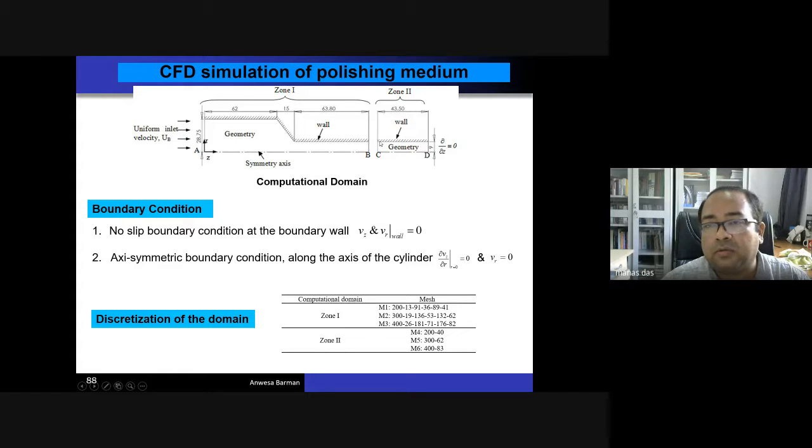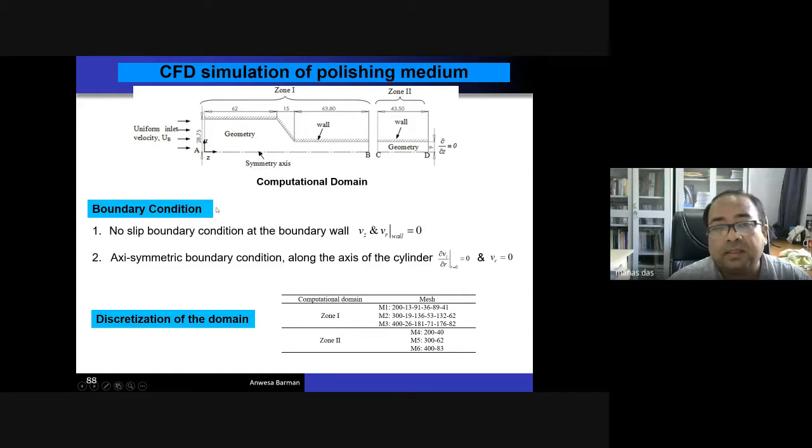So wall no slip, here the axisymmetric boundary condition, and at the output again del V del Z equal to 0, so a fully developed condition we have considered. In this zone the fluid behaves like a non-Newtonian fluid, because we have applied a magnetic field here. So these are the actual boundary conditions.